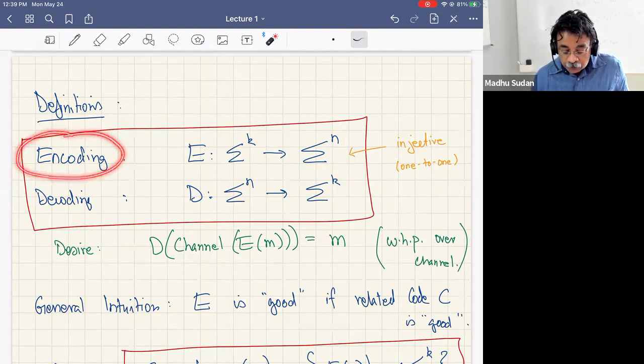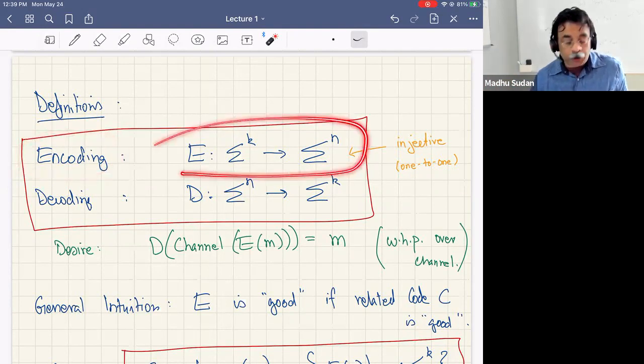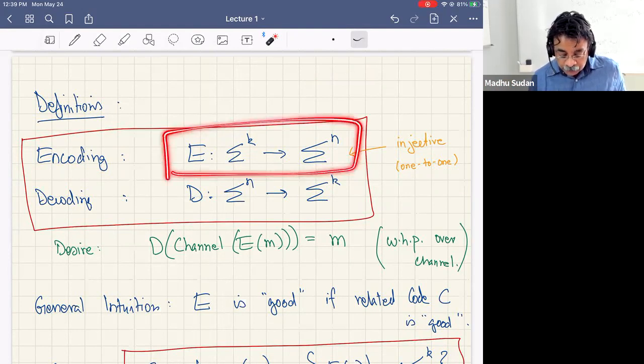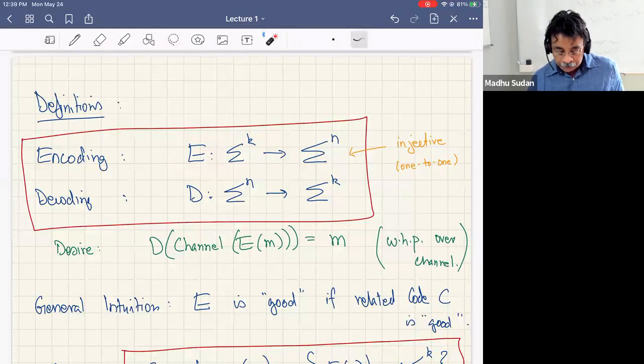We don't want to restrict you in any way in what you want to do. All we will ask is, okay, how do you decide to go from k letters to some n letters where n is larger than k? Okay, typically much larger, but n is at least larger than k. So we will ask you to decide, and that is determined by this function called the encoding function.